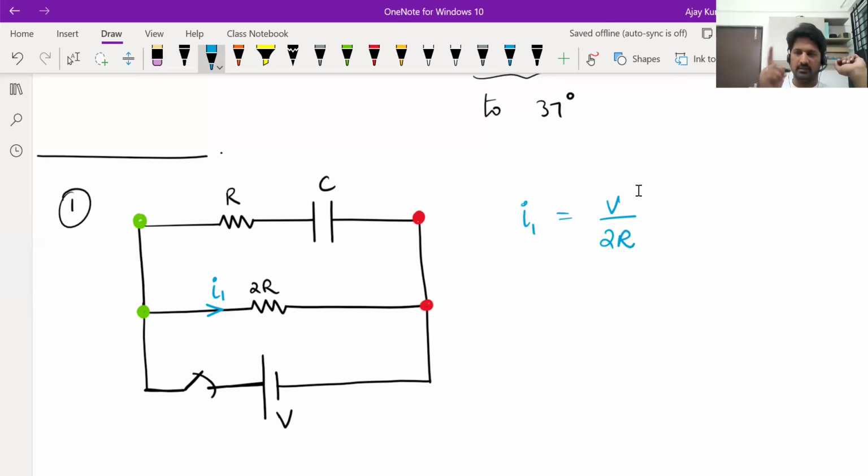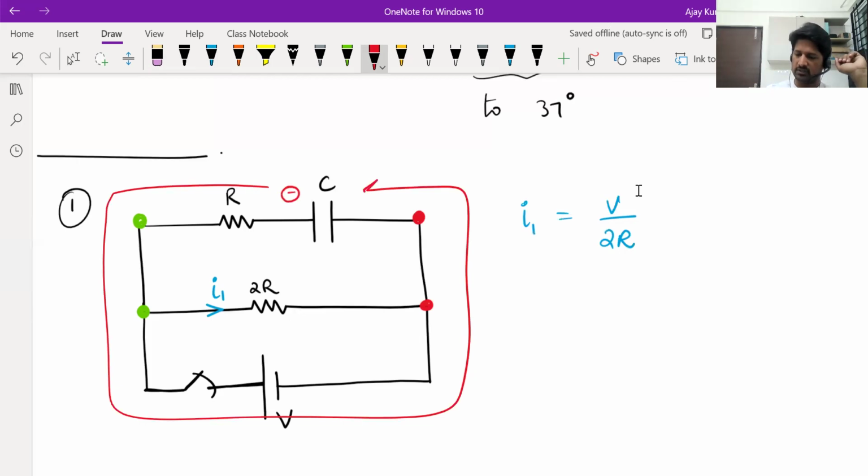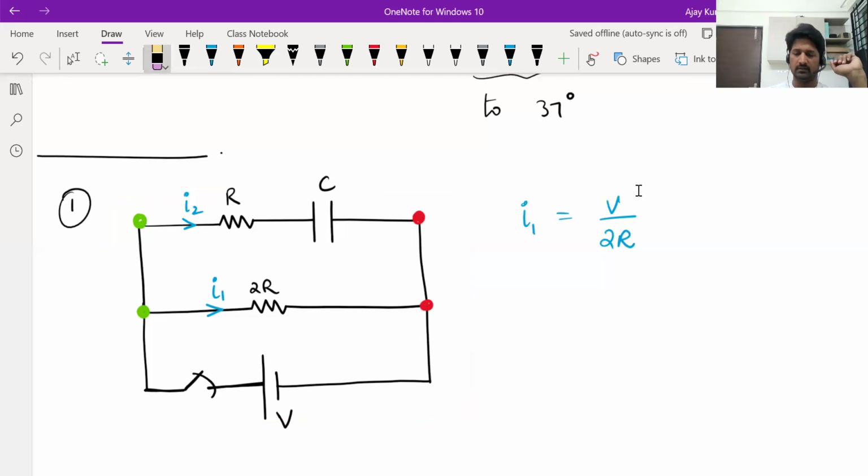In the other branch also the battery's terminals are connected. So what the battery does is it pulls electrons from this side and deposits them on the other side. If electrons are flowing anti-clockwise, the current is flowing clockwise. In that other branch, you can consider a current I2 flowing like this. Due to I2, charge gets deposited on the capacitor plates.